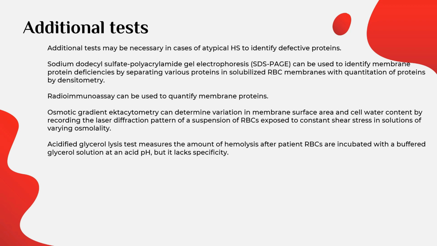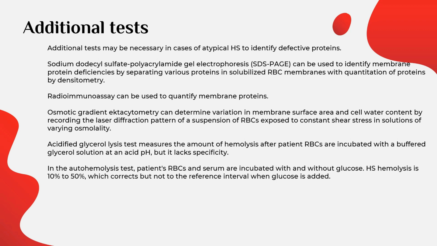Acidified glycerol lysis test measures the amount of hemolysis after patient RBCs are incubated with a buffered glycerol solution at an acid pH, but it lacks specificity. In the autohemolysis test, patients' RBCs and serum are incubated with and without glucose. HS hemolysis is 10% to 50%, which corrects, but not to the reference interval, when glucose is added.